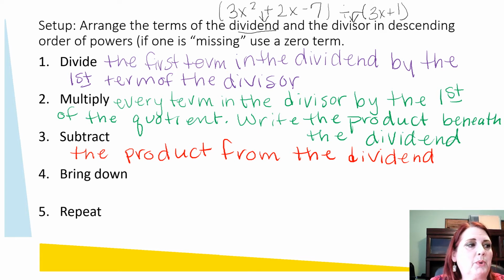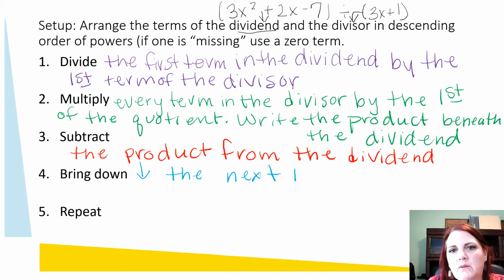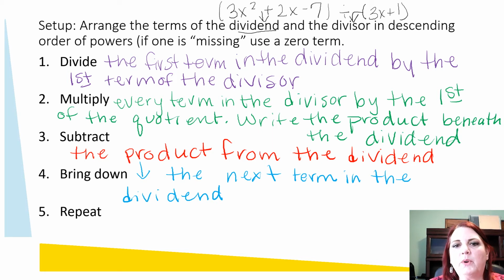Then we're going to bring down the next term that is in the dividend. And then we're going to repeat that process over and over again until we can't bring down any more.